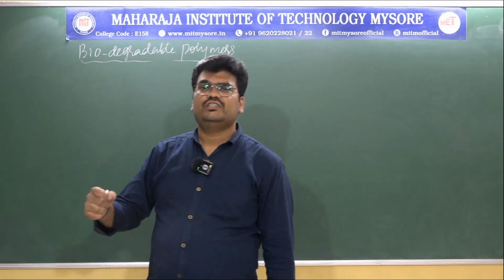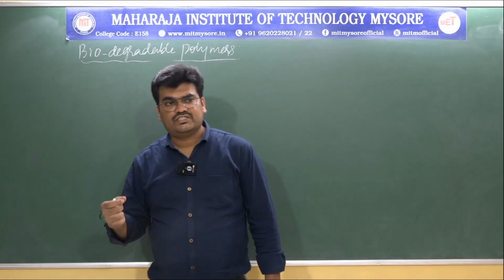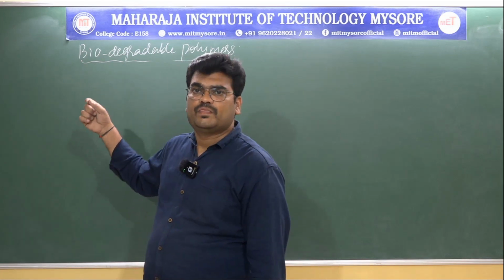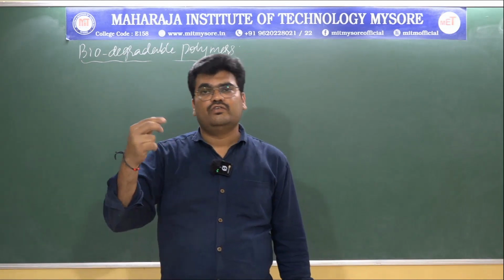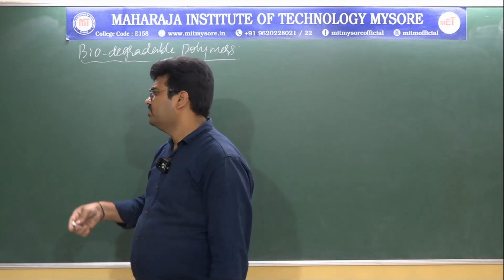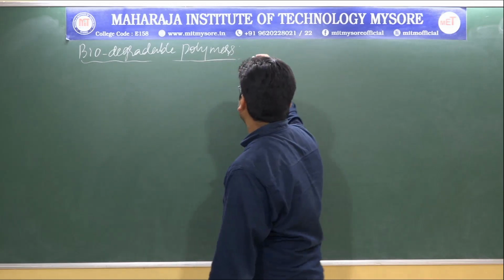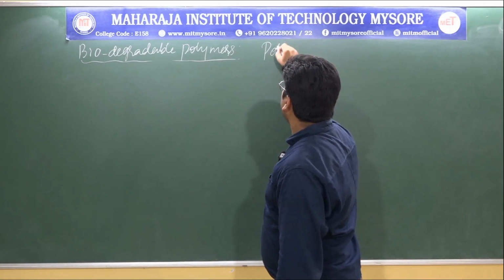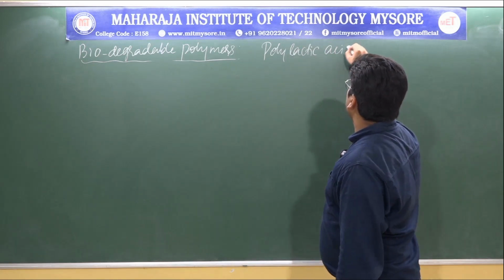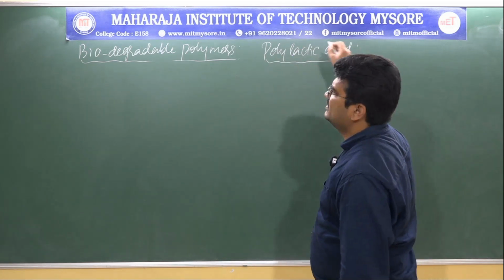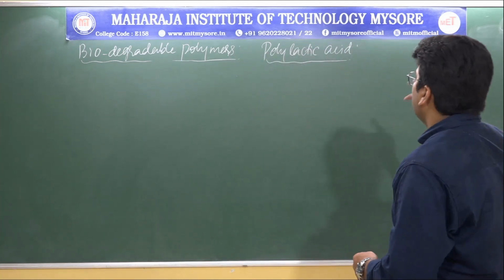Usually synthetic biodegradable polymers consist of aliphatic thermoplastic polymers that have easily hydrolyzable linkages, and the best example for a synthetic biodegradable polymer is polylactic acid. Polylactic acid is a biodegradable thermoplastic aliphatic polyester.